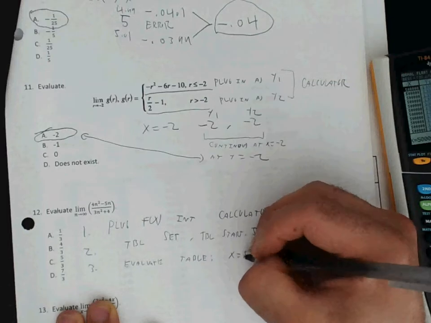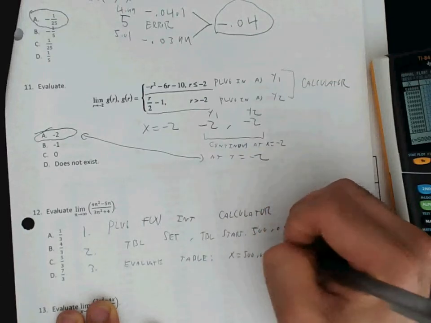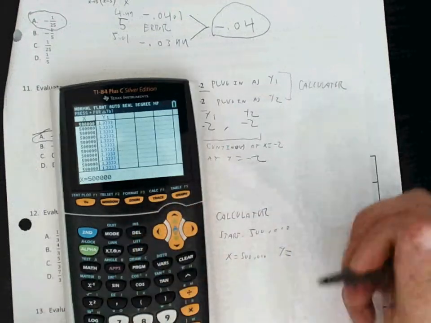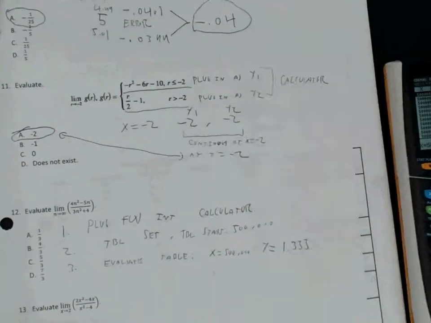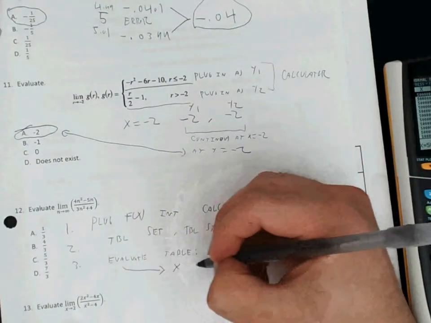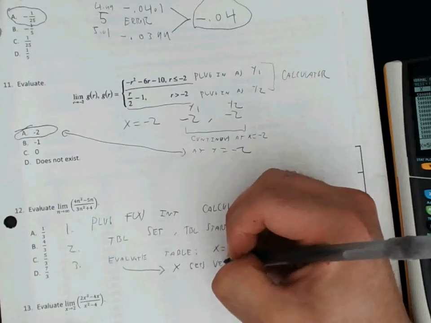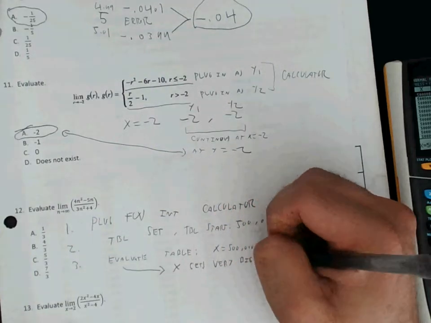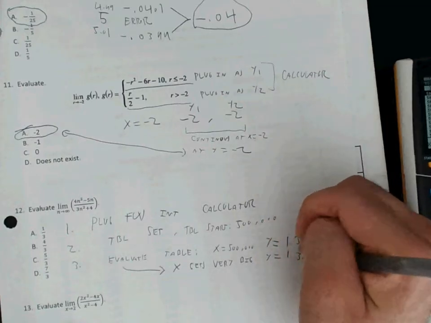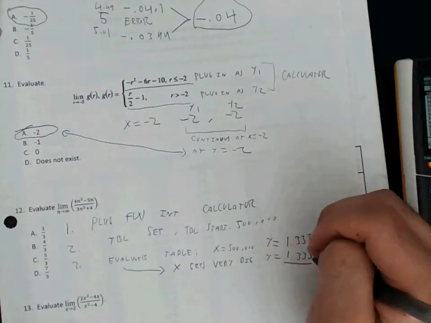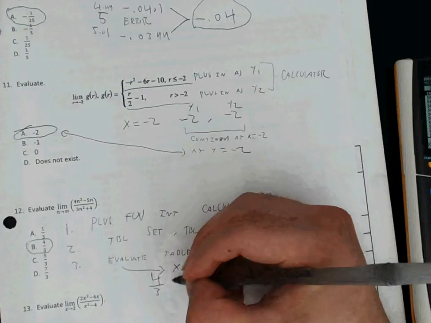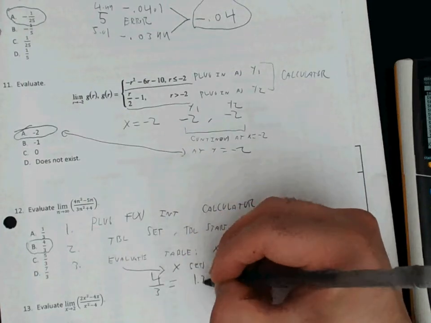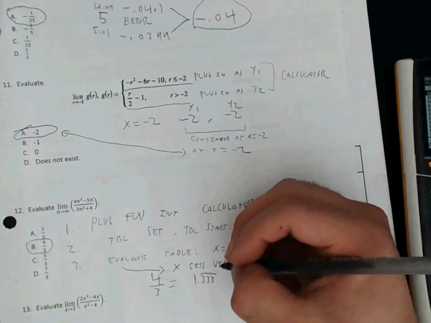When x equals 500,000, y is equal to 1.333. And we can make the statement that as x gets very big, y equals 1.333. So what is 1.33 equivalent to? Well, that's going to be equal to 4/3. Just know that 4/3 is equivalent to 1.333 going on forever. All right, that's number 12. Let's go to number 13.